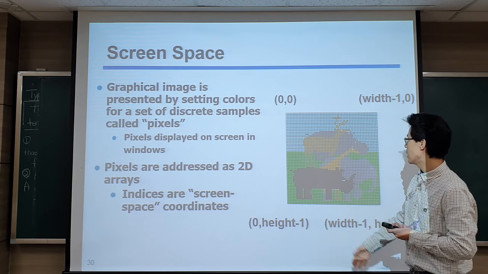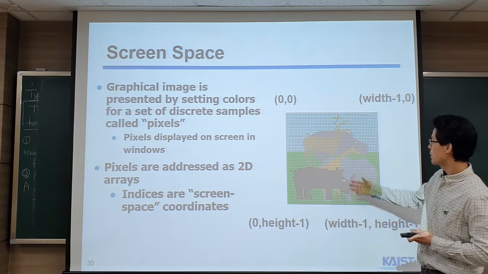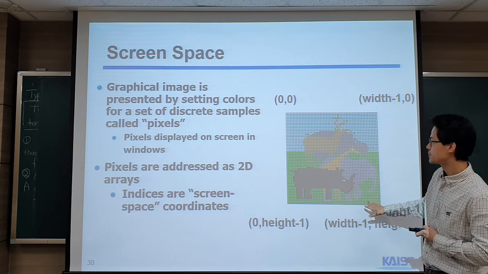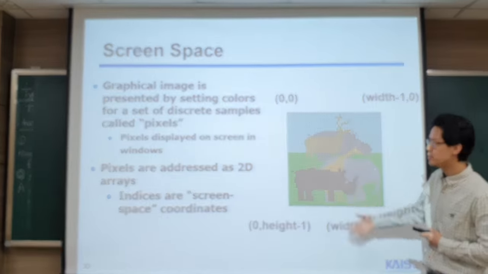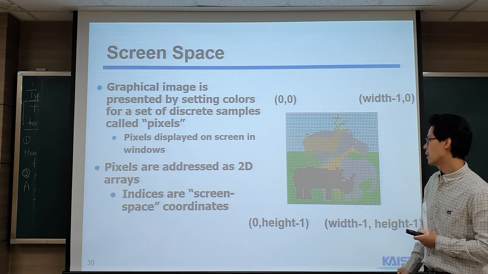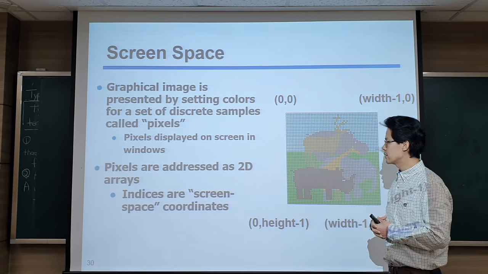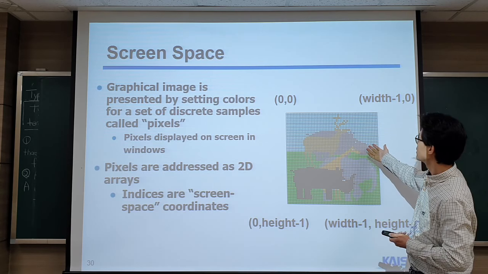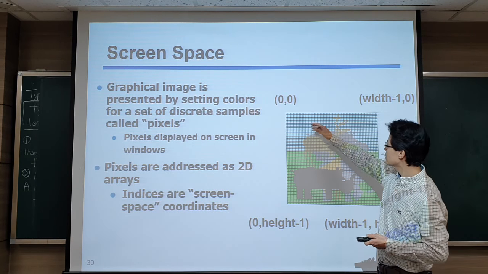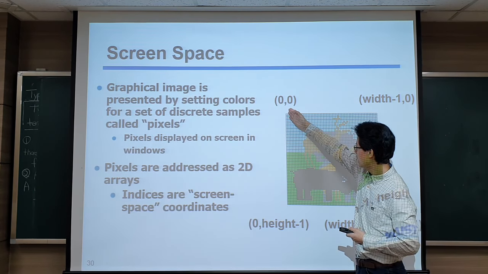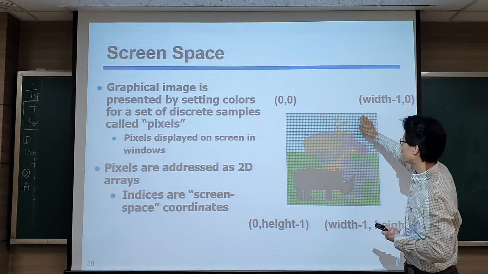And screen space, you know, the screen space consists of these pixels, right? And a pixel is nothing but just a 2D array, the buffer. And there could be many different conventions on the screen coordinate. For example, in some cases, the origin could be here, and you increase the y axis, right?